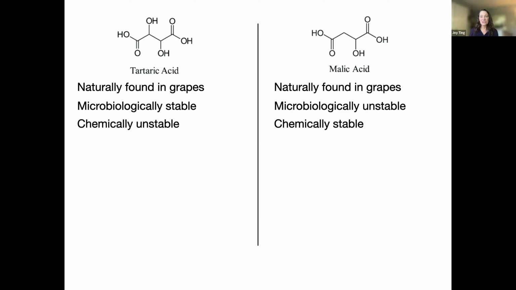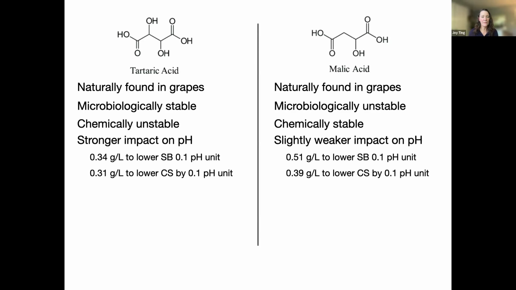So we might see a shift, for example, in titratable acidity due to that potassium bitartrate precipitation. And if you don't take care of it, of course, that can end up being unstable in the bottle. So it has that problem as well. As we just said, tartaric acid is going to have a stronger impact on your pH, molecule for molecule, than your malic does. And we just talked about why that was.